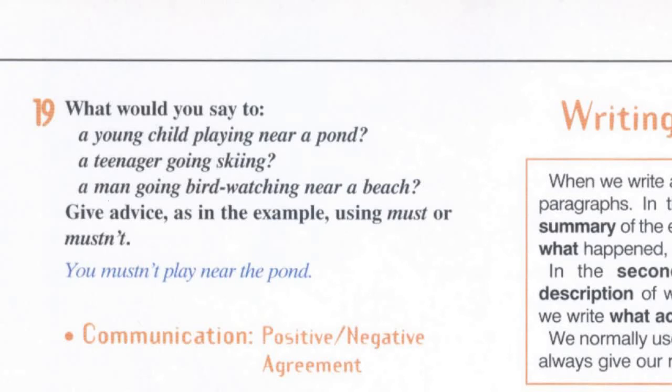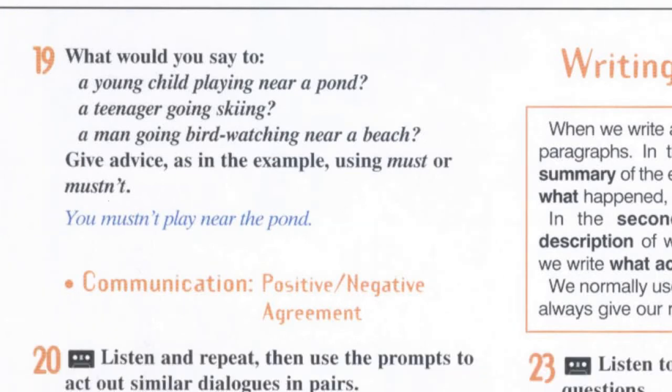Exercise number 19. What would you say to a young child playing near a pond? Look at this situation, not so difficult. You can say you mustn't play near the pond. How about the next one? Number 2.